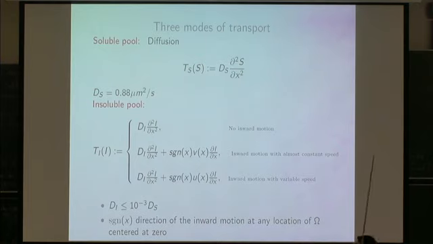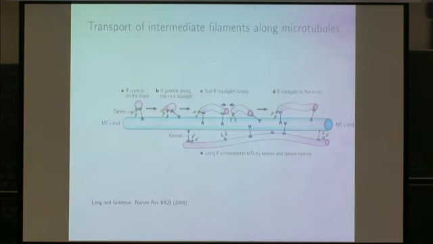Also, remember the data, we have this inward motion. This inward motion is due to the transport of intermediate filament along the microtubule due to, in this case, dynein. But also, in some other cases, you could have association of intermediate filament with kinesin, and so in this case, we would go the other way. But in here, seeing the data, we put only this inward motion.